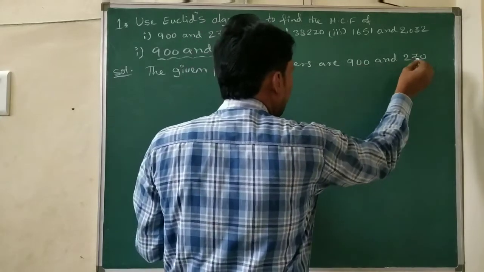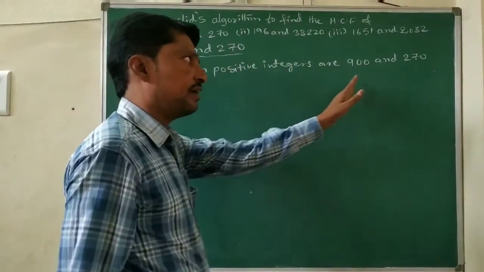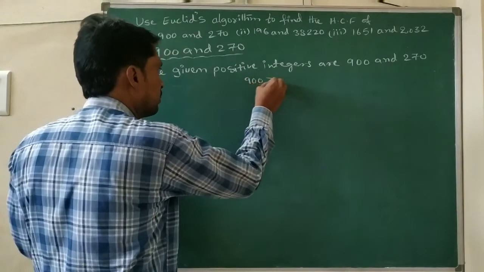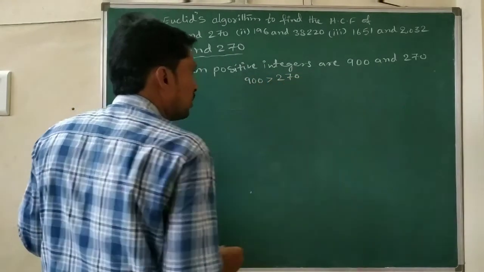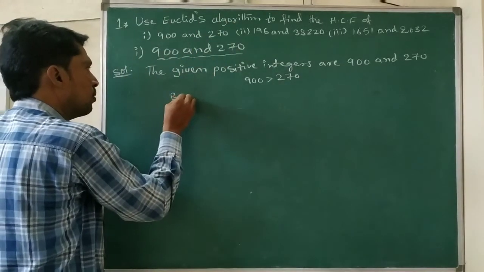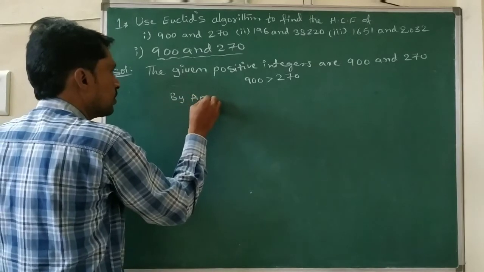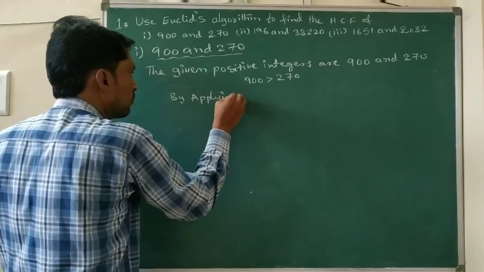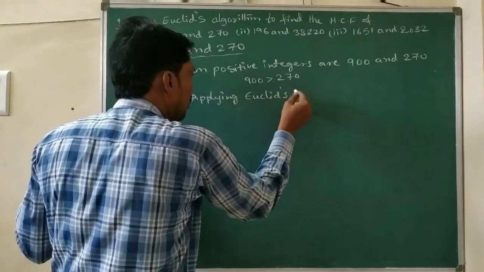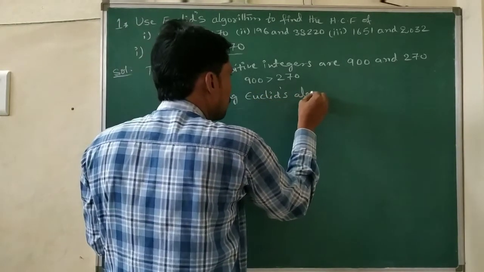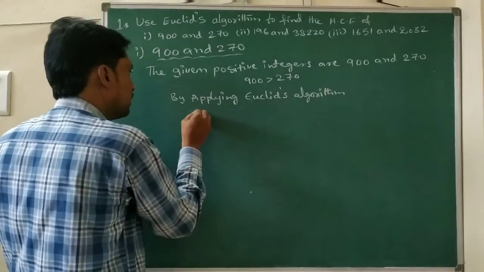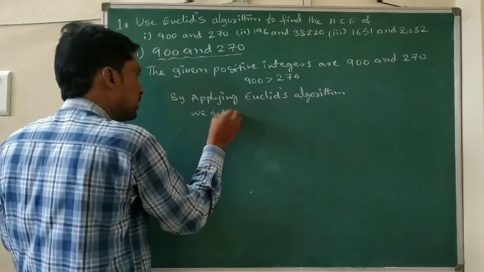In these, which is greater? 900 is greater, so 900 is greater than 270. Now we need to apply Euclid's algorithm. By applying Euclid's algorithm, what do we get?